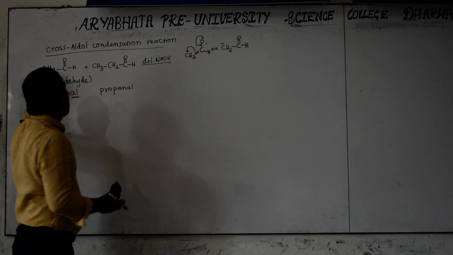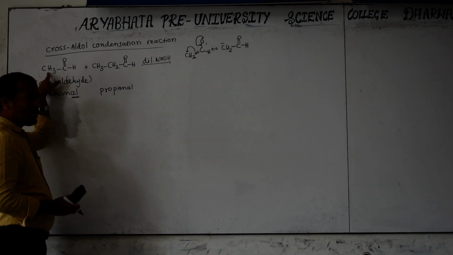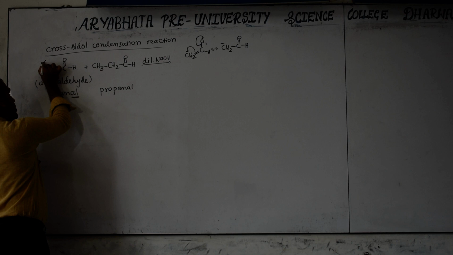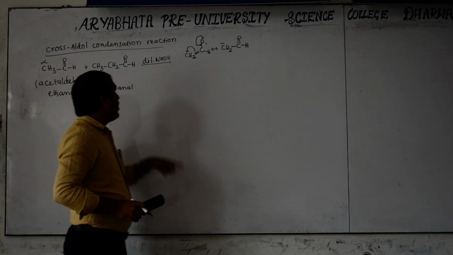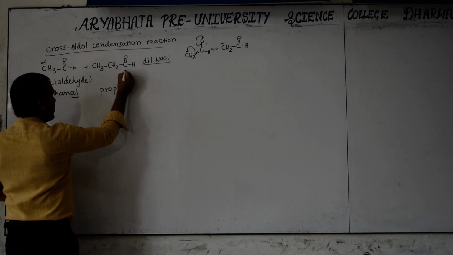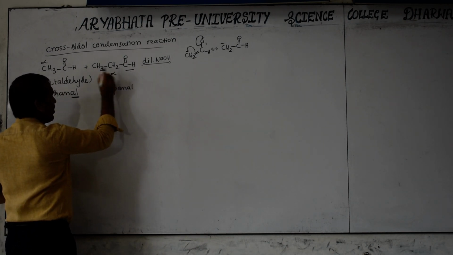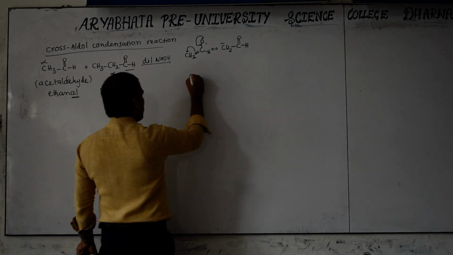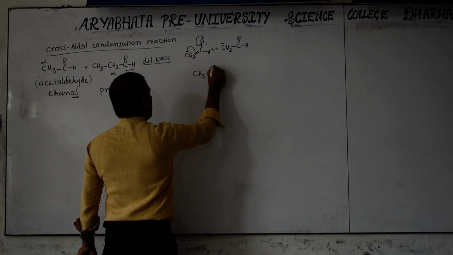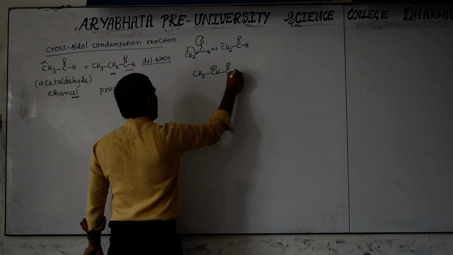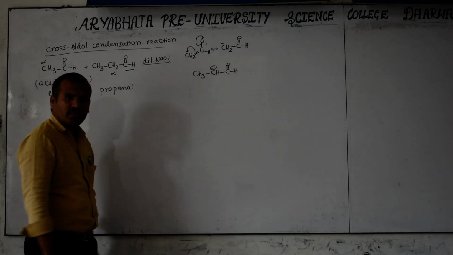If this carbon is the functional group, the next carbon is alpha. If alpha carbon hydrogen is lost, it forms this type of carbanion. Similarly, CH3 CH minus C double bond OH, here also a carbanion can form.